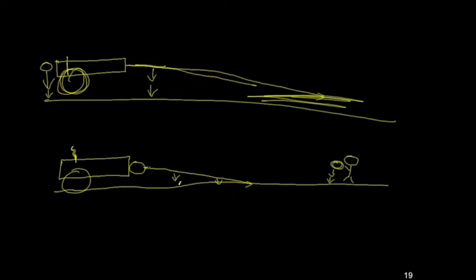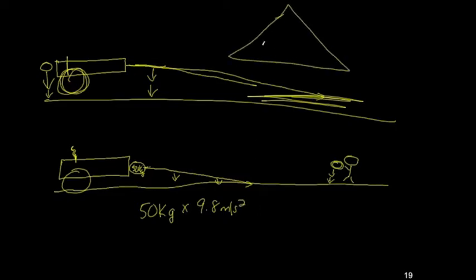All right, so if we want to calculate the force of an object that is falling due to gravity, let's say this cannonball weighs 50 kilograms and falls to the Earth. That 50 kilogram cannonball falls to the Earth, like we said, at a rate of 9.8 meters per second squared. Remember, this is the same thing as Newton's second law: force equals mass times acceleration.